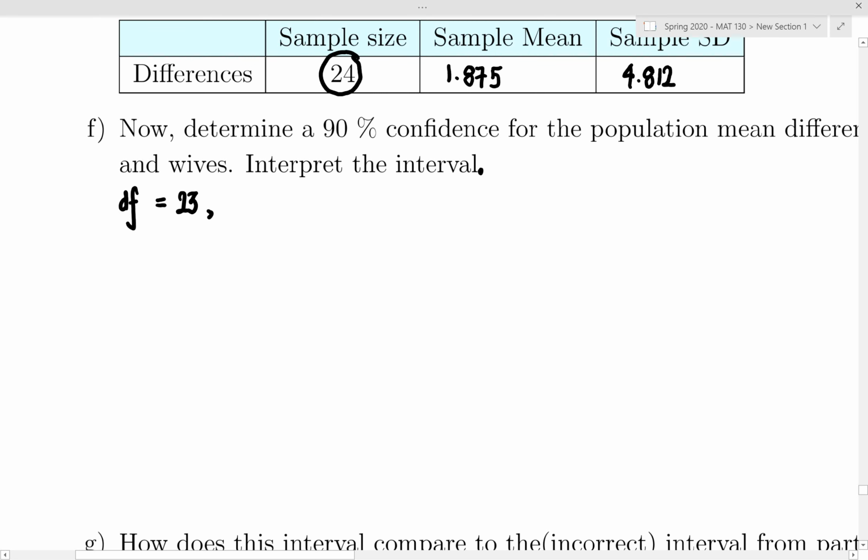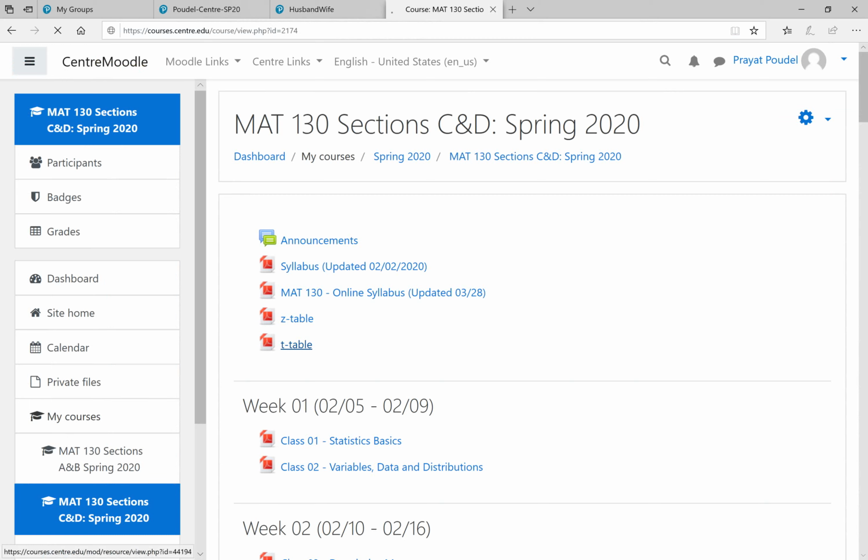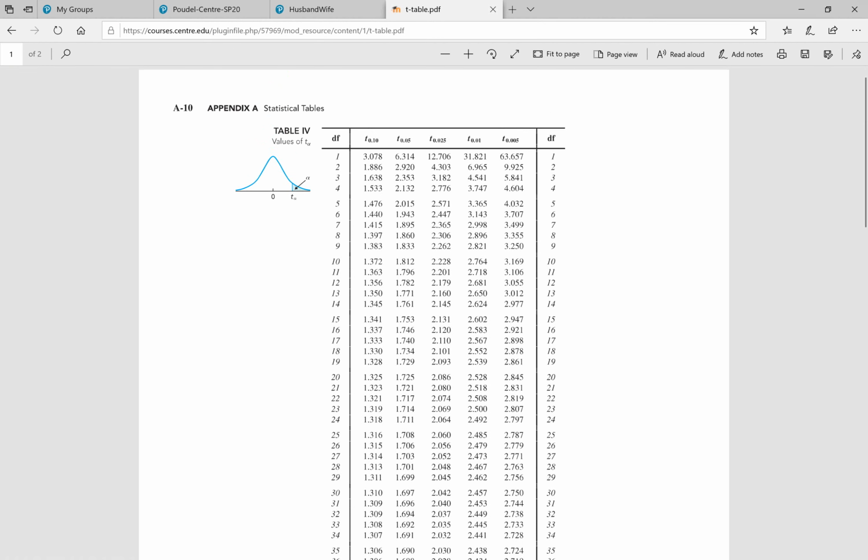Now we're doing a 90% confidence interval, which means alpha is going to be 0.1, which means we need to find t alpha over 2, which is t of 0.05 at degree of freedom 23. So let's go to our t-table. Let's go to degree of freedom 23. At t of 0.05, we get that our t is 1.714.